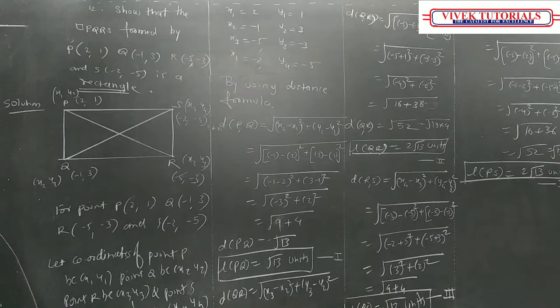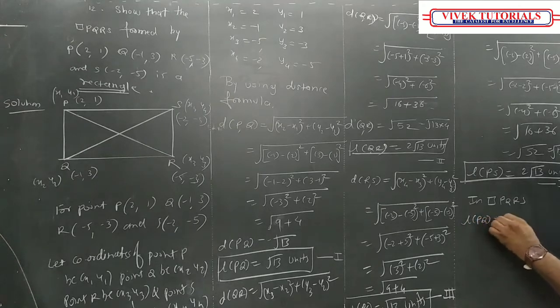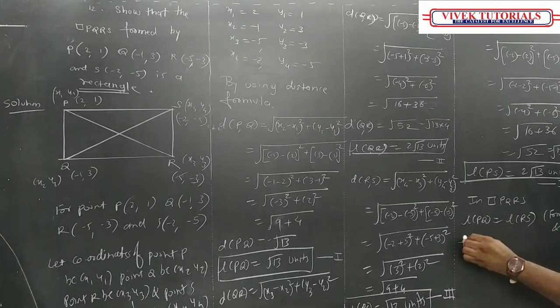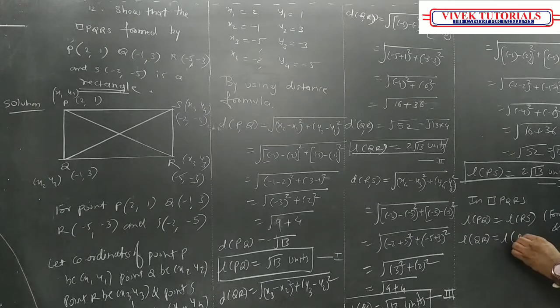Got it? Now, what I can write in quadrilateral PQRS: length PQ is root 13, which is equal to length RS from 1 and 3, and length QR is equal to length PS from 2 and 4.